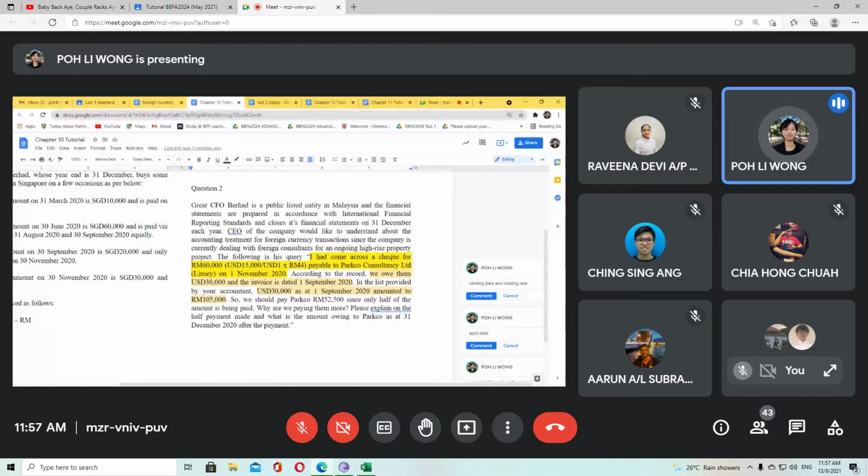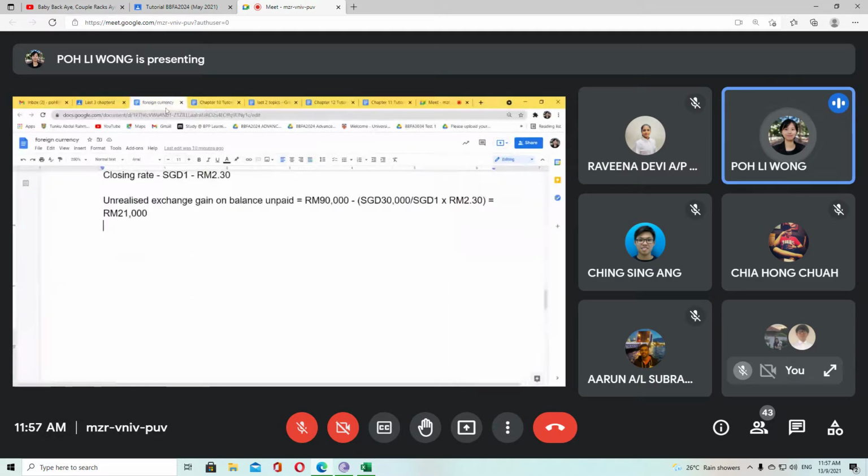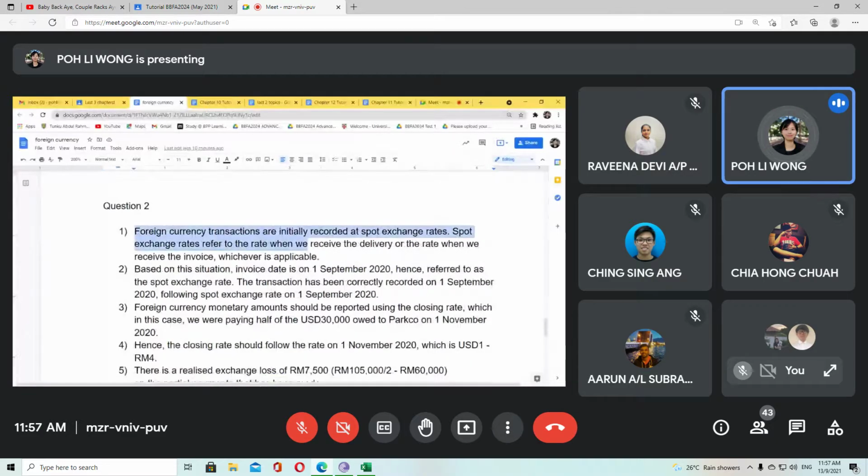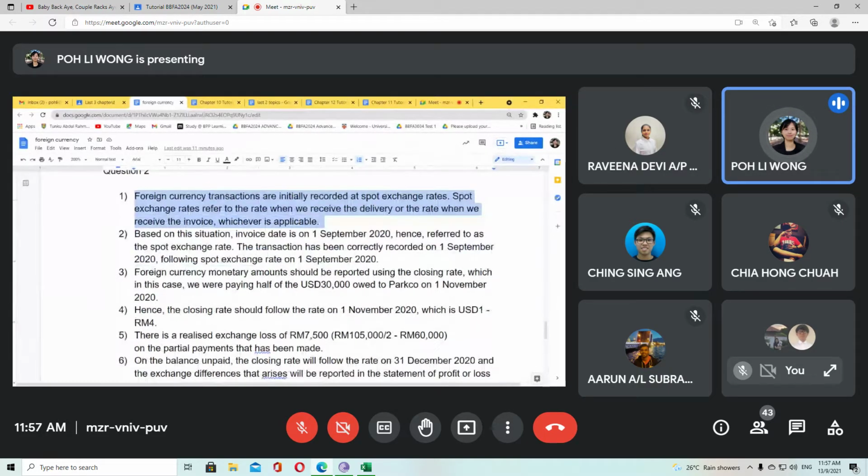Okay, so how are we going to answer these kinds of questions? The first thing is you have to tell people foreign currency transactions are initially recorded at spot exchange rates. The spot exchange rate refers to the rate when we receive the delivery or the rate when we receive the invoice, whichever is applicable. Based on this situation, the invoice date is 1st September 2020, so this is the spot exchange rate.